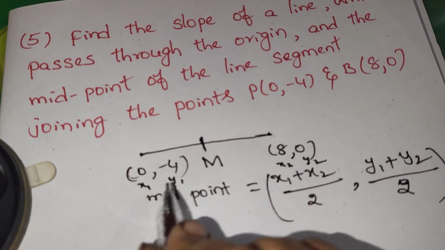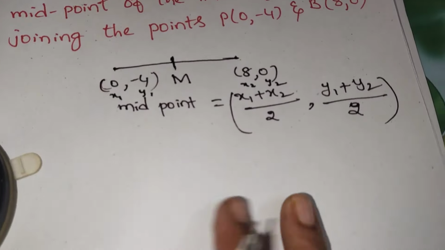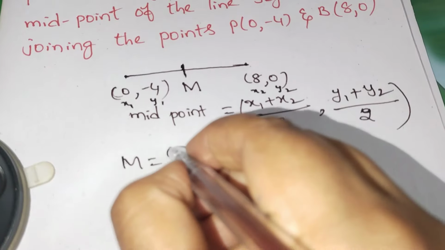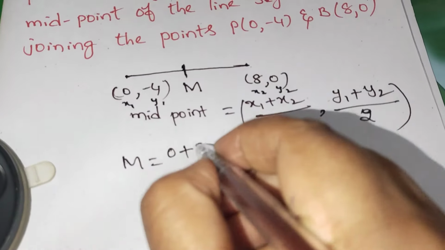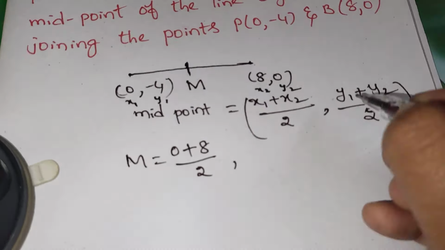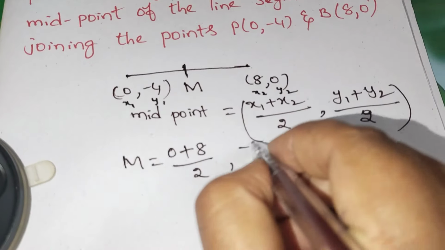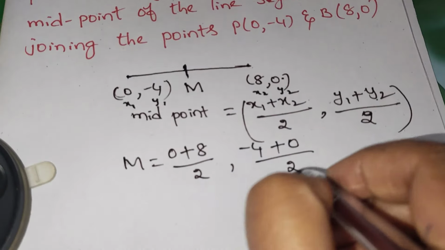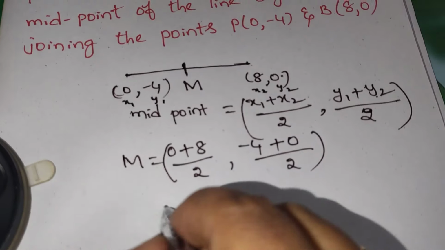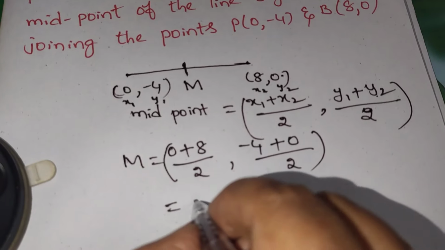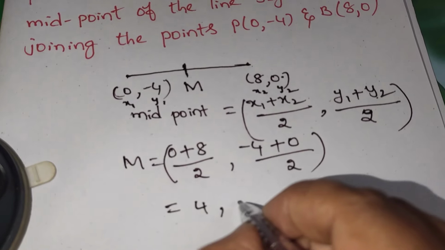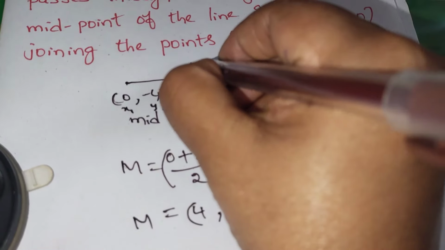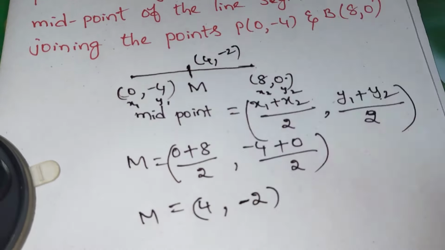Now substitute these values in the formula. Midpoint is ((0 plus 8) divided by 2, (minus 4 plus 0) by 2). So 8 by 2 is 4, minus 4 by 2 is minus 2. Midpoint we got is (4, minus 2).